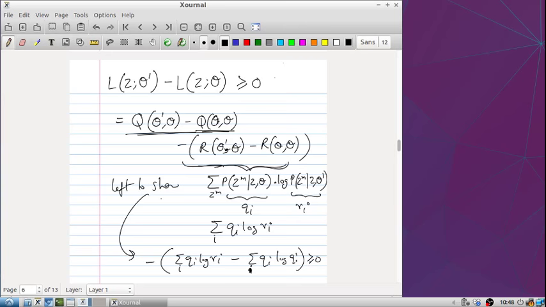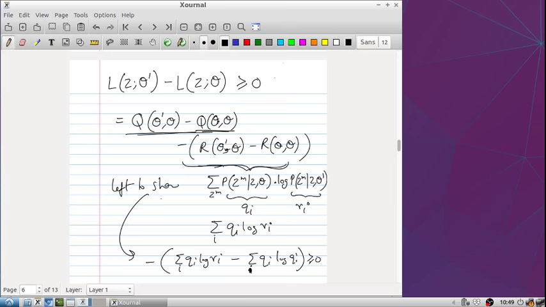I just made some change of notation so that we don't get confused with this heavy notation. Is this change of notation fine? We are exceeding the time for taking a break, but let's finish this and then take a break. Is the notation fine? All I said is this is some distribution that depends on theta, and this is almost the same thing except it depends on theta prime. So I'm going to call them two different distributions.